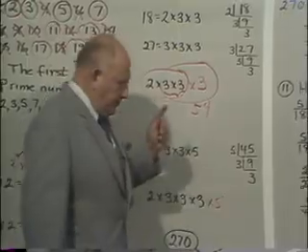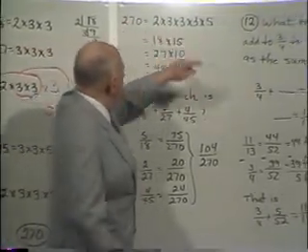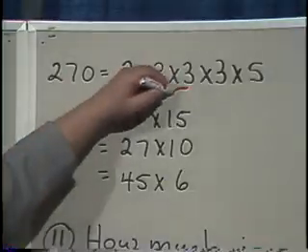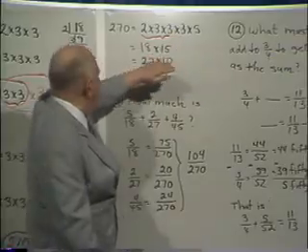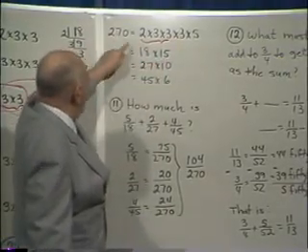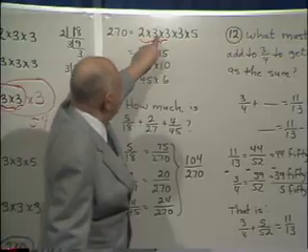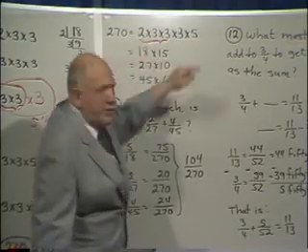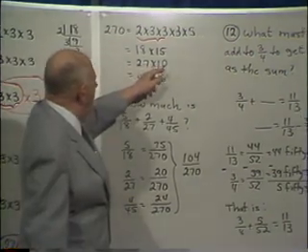In fact, just to see how this thing works, 270 can be written this way. See, 18 is this much. What's left when you take the 18 out? 3 times 5 is 15. So 270 is 18 times 15. In a similar way, 270 is also what? Cross out the 27, 3 times 3 times 3. What's left is 2 times 5, which is 10. So 270 is 27 times 10.